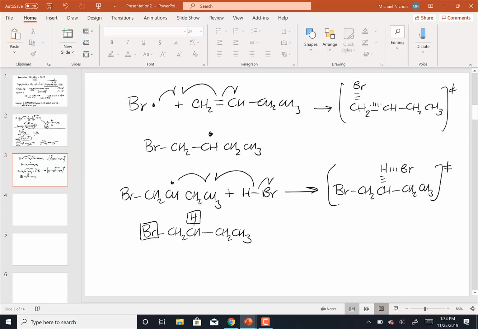So this mechanism is 3 steps. Breaking apart the 2 OHs, having the OH react with the HBr. Sorry, it's 4 steps. The Br dot adding to the double bond, and then the carbon radical reacting with HBr. So it's 4 steps.